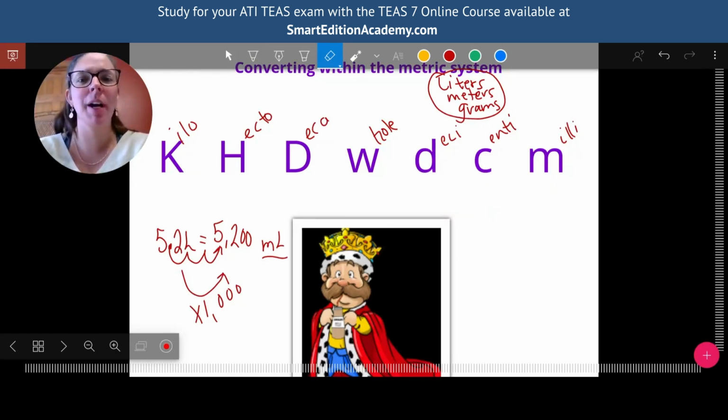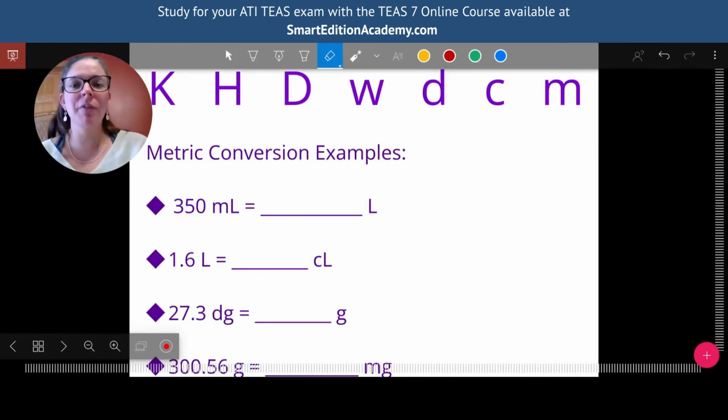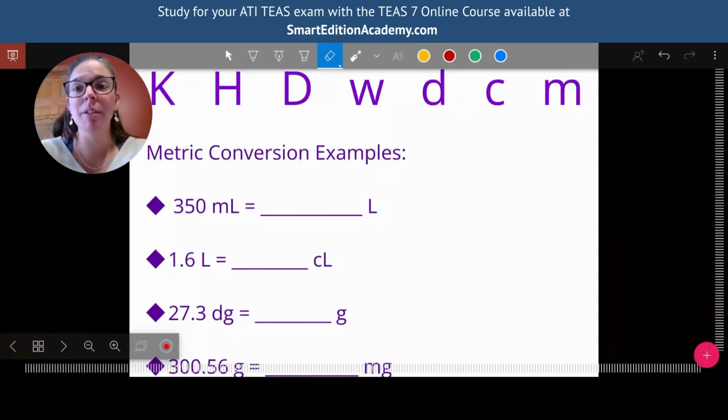Do I divide or multiply? This takes that question out of it for you. It just tells you which direction to move the decimal. So let's try a bunch of examples here with these metric conversions. I'm going to show you how to use this mnemonic, but if you have all of these conversions already memorized, then just use the strategy that works best for you.